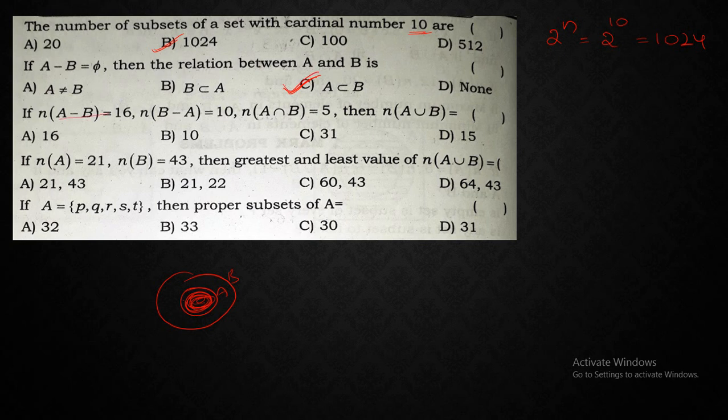Next, n of A minus B is equal to 16, n of B minus A is equal to 10. Now from this you can understand this particular question.